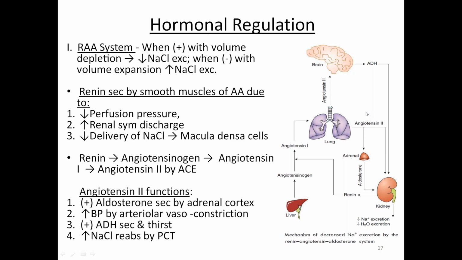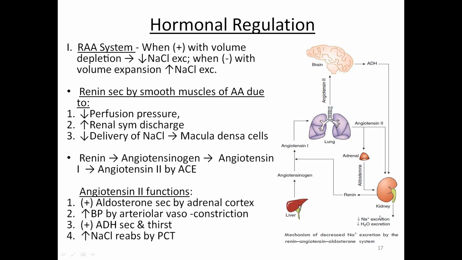Then it will stimulate ADH secretion and thirst. And it will directly enhance the sodium chloride reabsorption by the proximal tubules. So this is your mechanism of decreased sodium excretion.